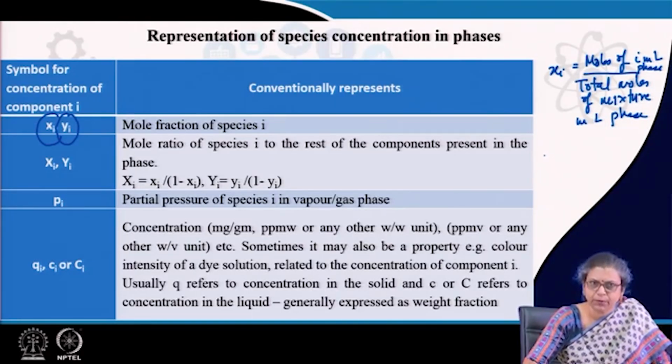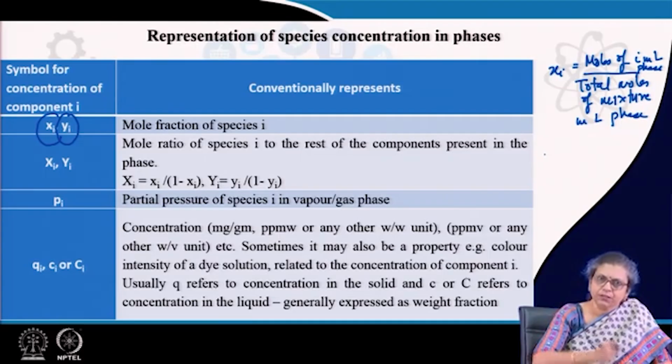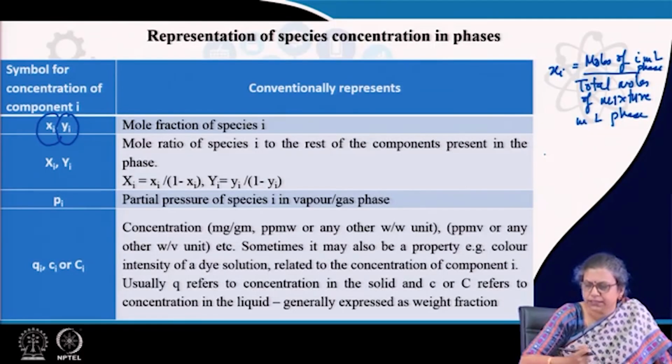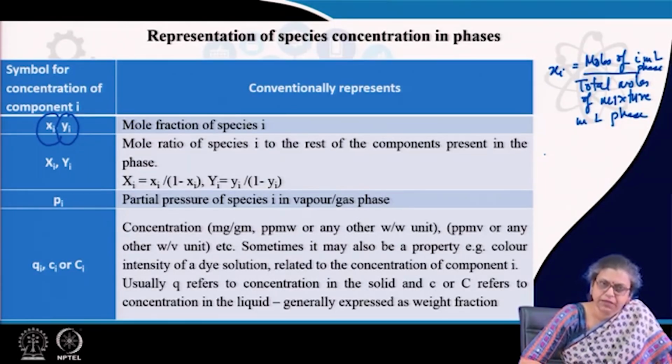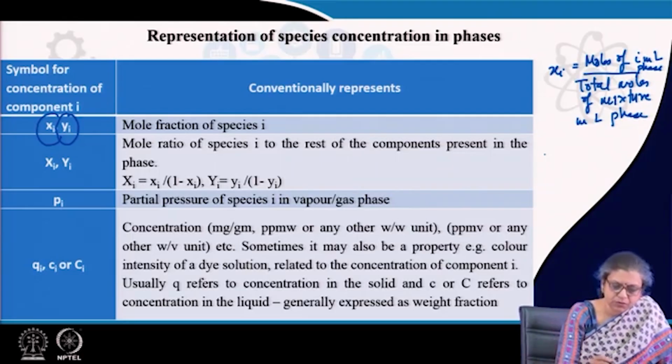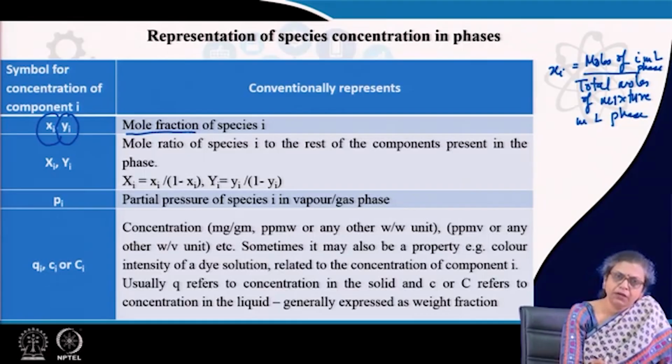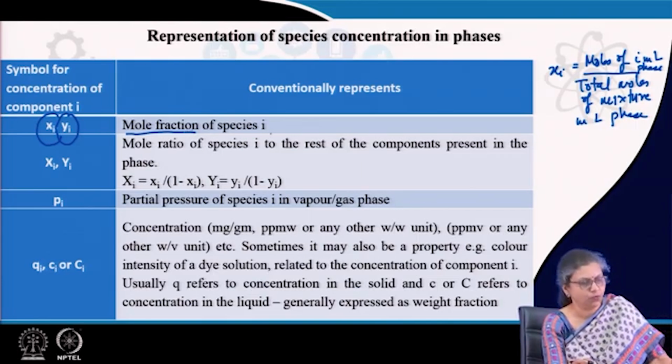If there are two liquids, then it refers to the composition of component I in the phase which is extracting, or rather this we call the solvent. Okay. So, for most of the cases we find that conventionally we usually express the species concentration either in terms of mole fraction of the species I or with respect to some property which is proportional to the mole fraction.